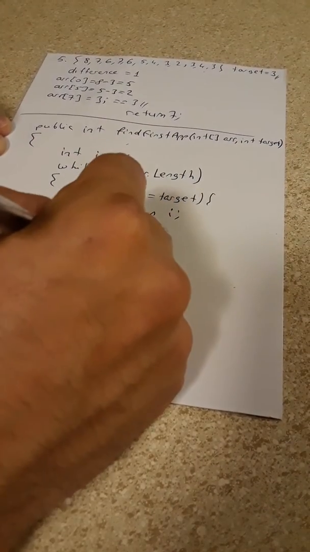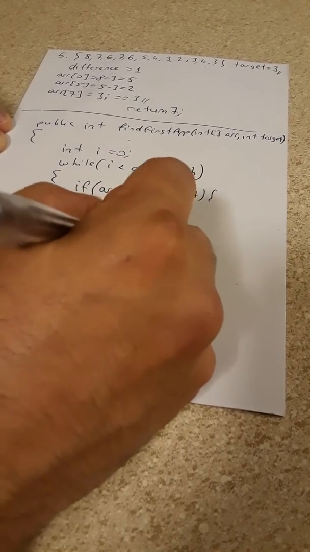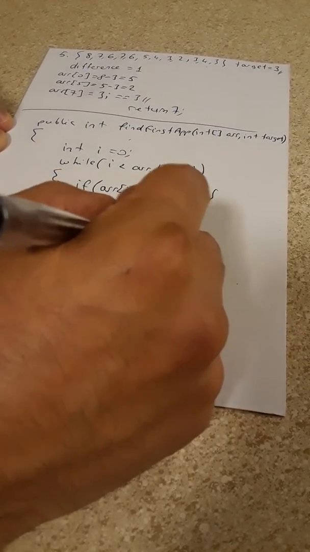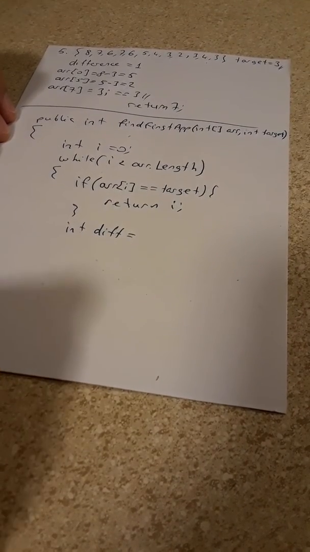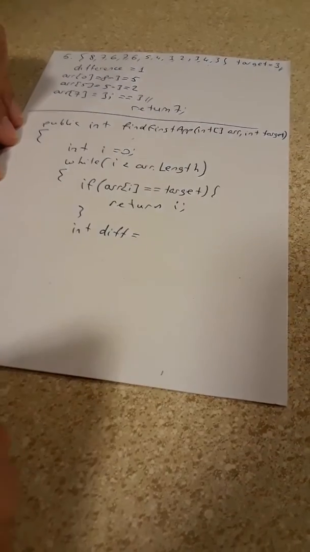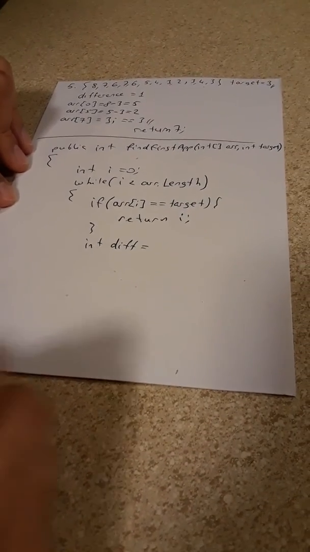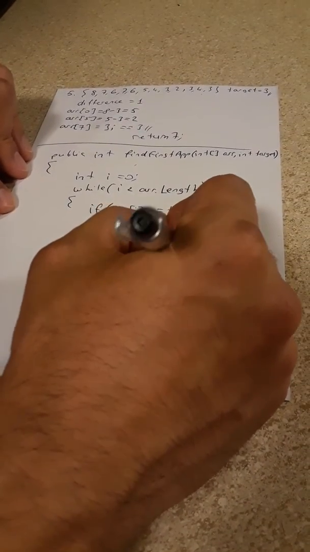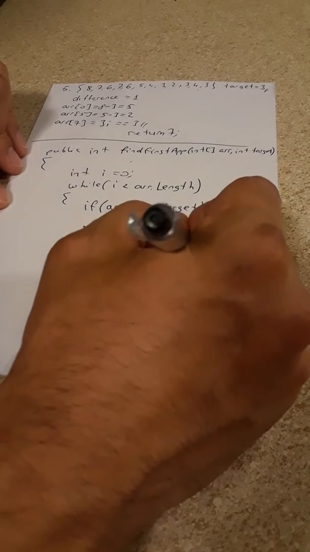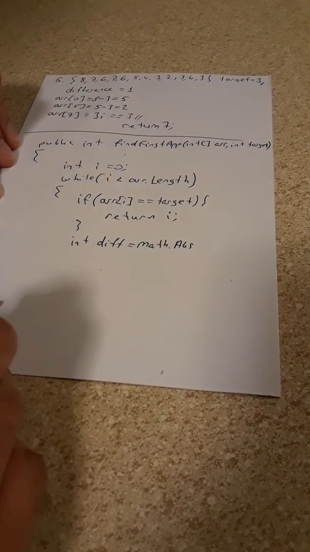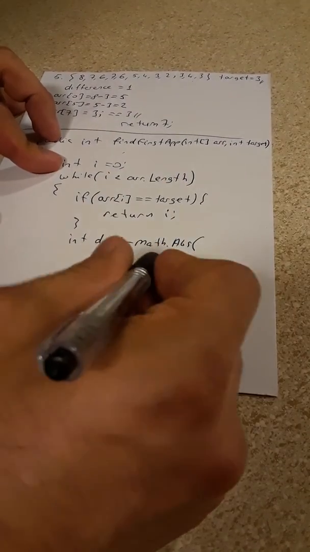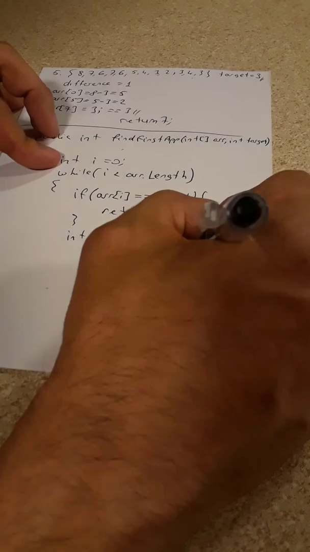If not, I'll calculate the difference between this starting point in the array and the target value, but I also want a positive number, so I calculate the absolute value, because elements in the array could be negative, and also the calculation could be negative, so that's why I'm taking the absolute value.